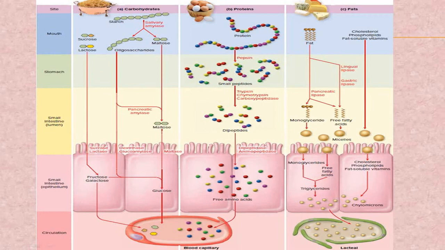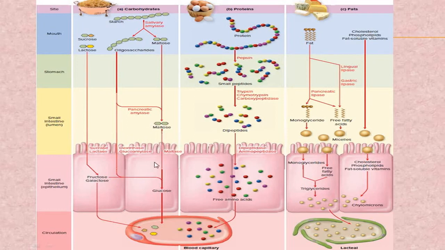And this is a figure that shows the absorption of all 3 main components of the food, that is carbohydrates, proteins, and fats. This summarizes the absorption. You can see that starch, its digestion starts right in the mouth with the help of salivary amylase, where it is converted into oligosaccharides or maltose, and then its further digestion continues in the small intestine, and they are converted into glucose or monosaccharides.